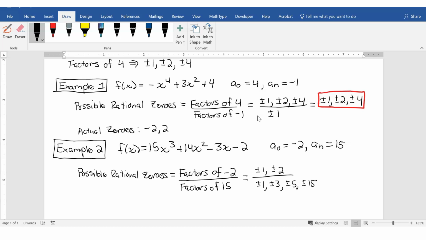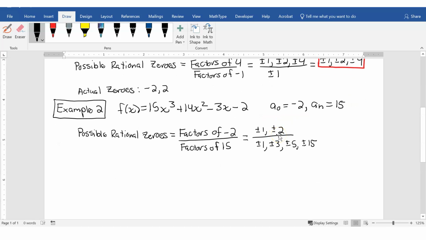Now, we do need to do a division here, and you'd like to do it logically. So I'm going to start with this value of 1 here and divide it by all the denominator values, and then move to 2. So when we identify these possible rational zeros, this will be plus or minus 1, plus or minus 1/3, plus or minus 1/5, plus or minus 1/15.